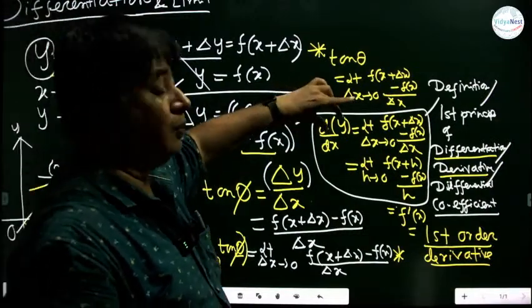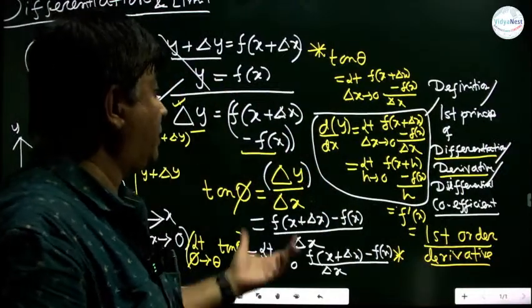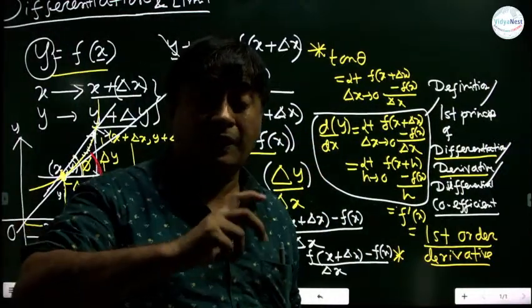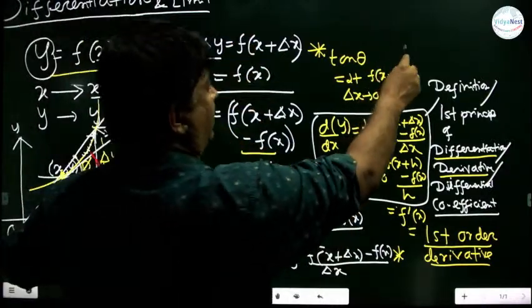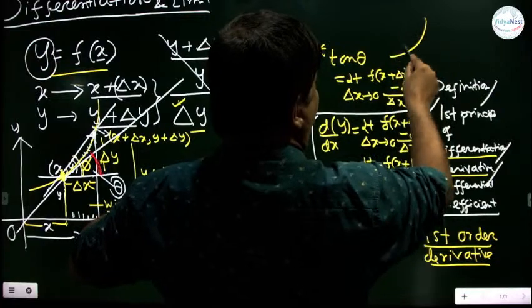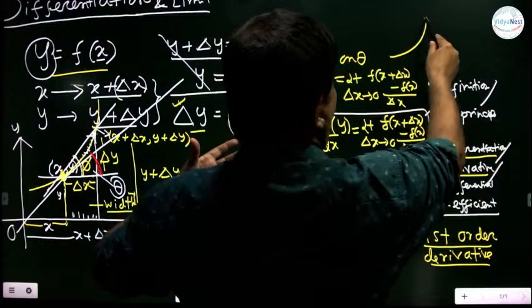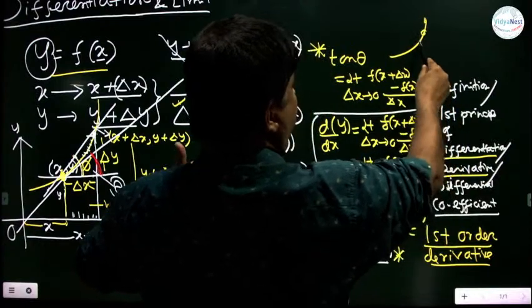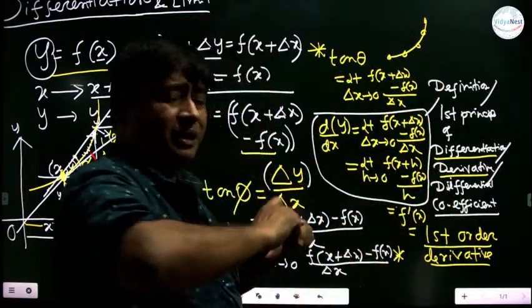We are differentiating y with respect to x. Suppose y is a human chain. You are going to differentiate the human chain with respect to human qualities. How? Suppose there is a curve containing different communities like teacher, student, doctor, engineer, businessman, so many types.